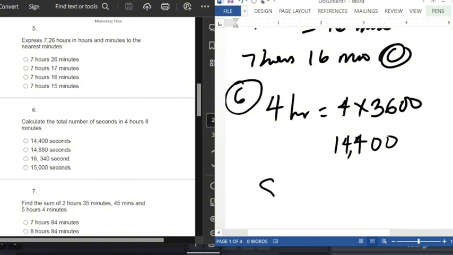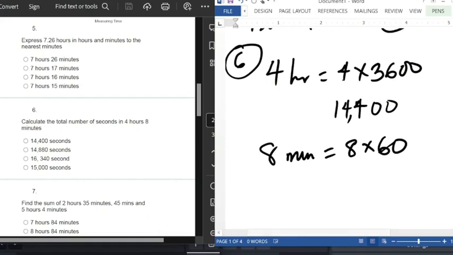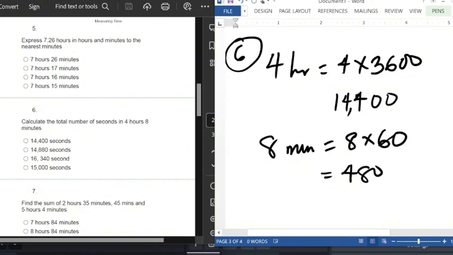Then 8 minutes. You also want to take it to seconds, so times 60, because 60 seconds make 1 what? Minute. So this is going to be what? 8 times 6 is 48. That's 480. So this will be added.